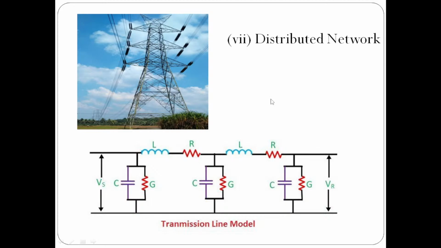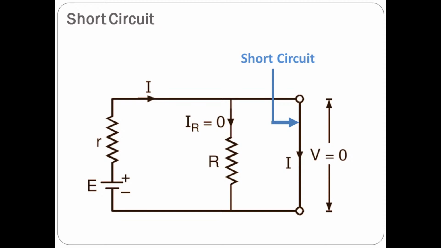All these things which I have been discussing are very, very important, so I hope you are listening carefully. Now a very basic term which I am going to discuss is short circuit.